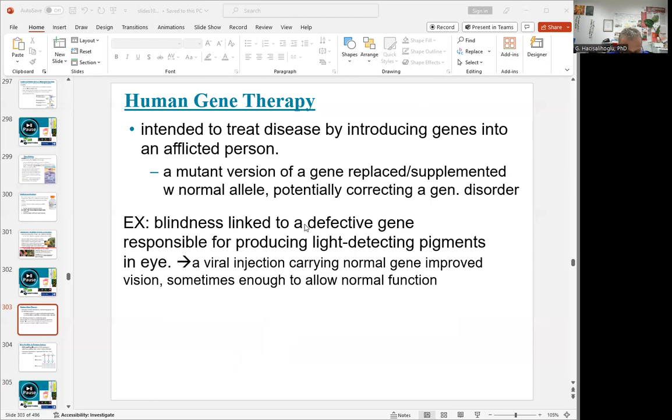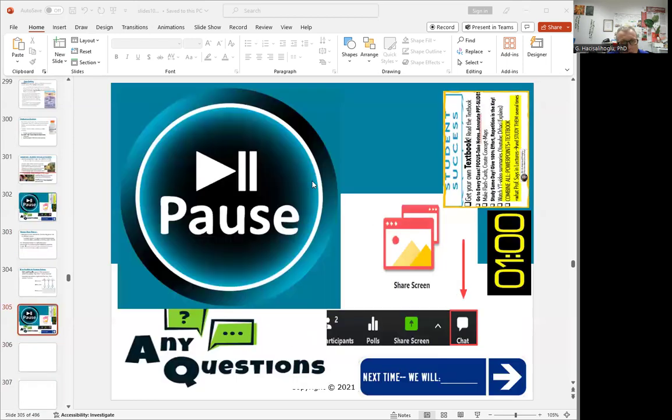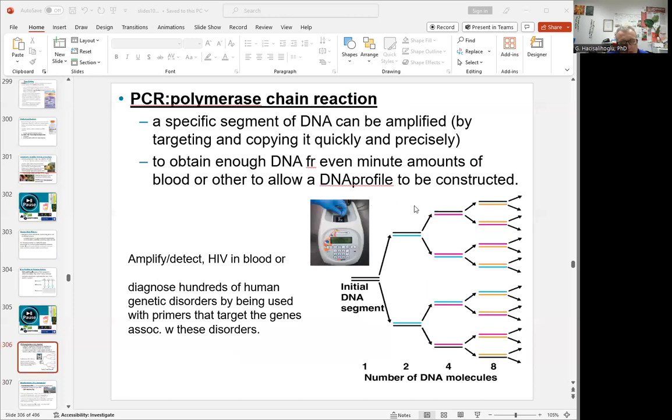DNA profiling, I already talked about. So PCR is one common technique in DNA technology. It's used in so many areas. And you can see here, if you have just one small, tiny piece of DNA, you can actually make millions of copies of it using a PCR machine.